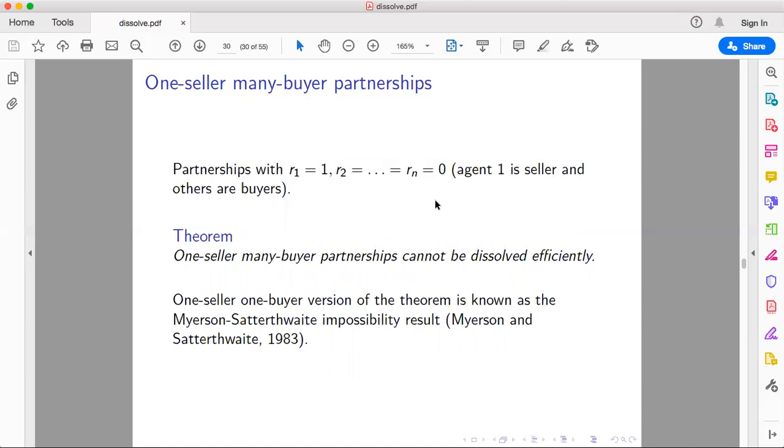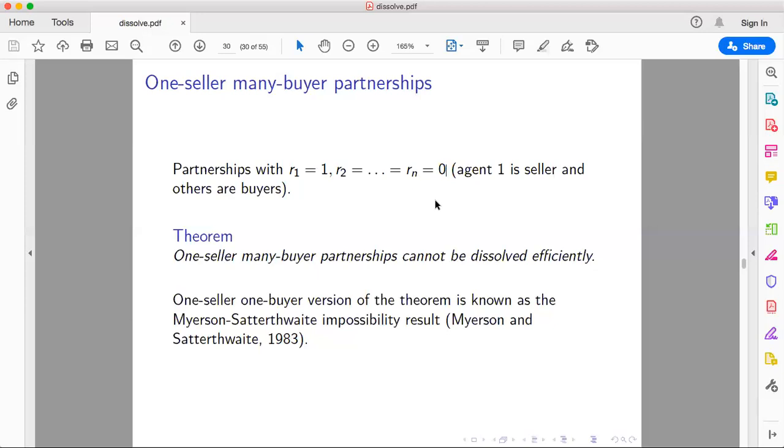If we have such a partnership, then we can never dissolve it.